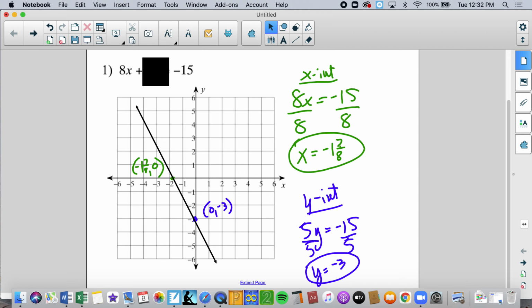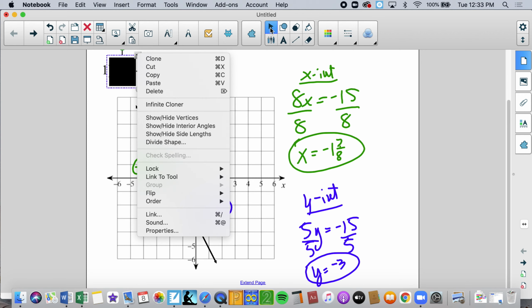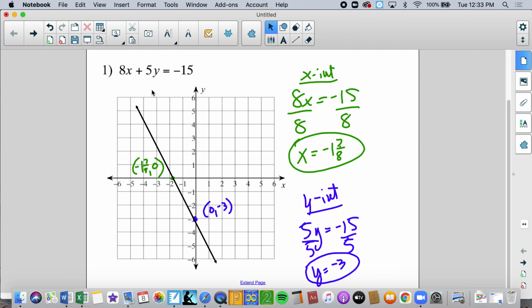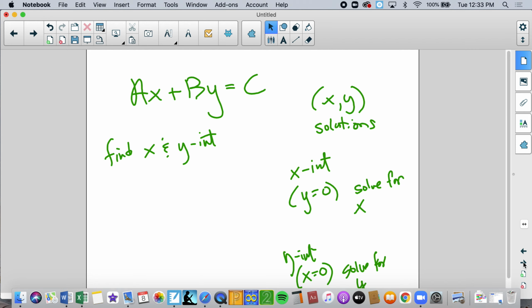So that's really the easiest way, is just to cover the values. So if you want to find the x-intercept, you cover the y. If you want to find the y-intercept, you cover the x. So you'll see me do that in class. But remember, it has to be in ax plus by equals c format.